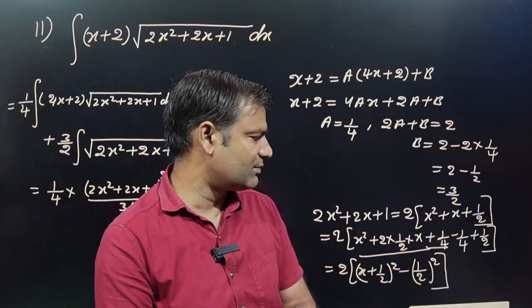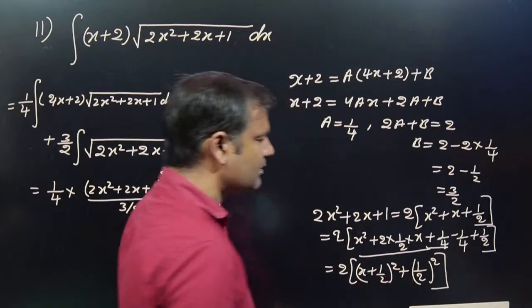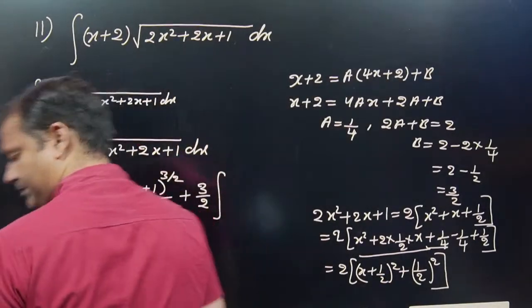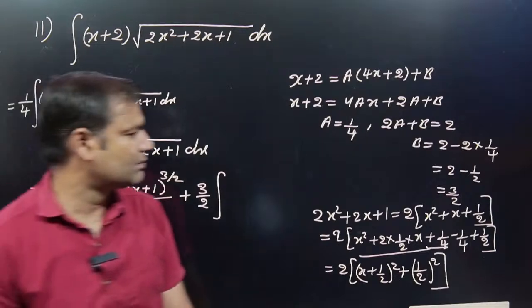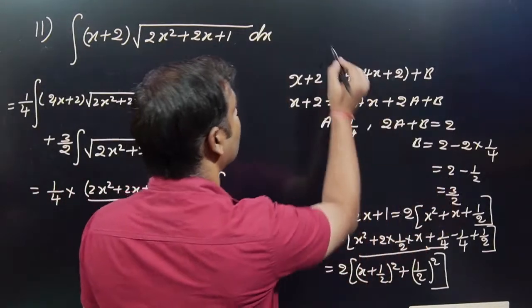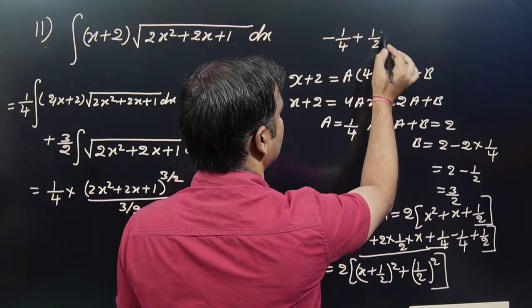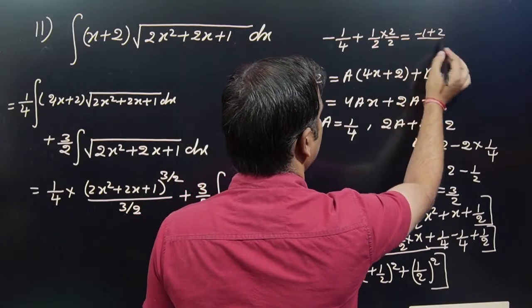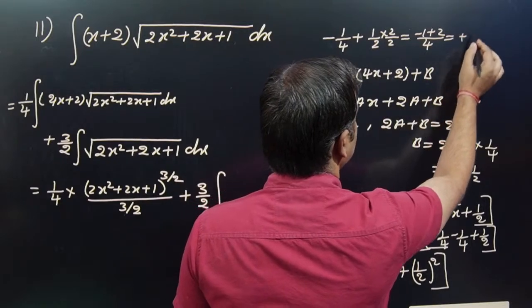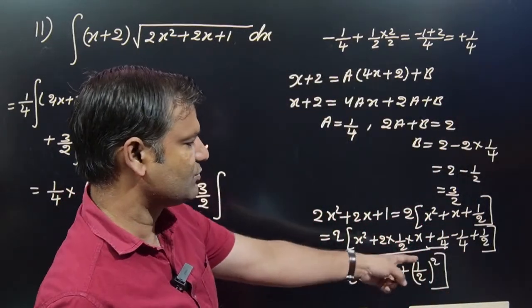Simply plus 1 by 4. Basically minus 1 by 4 plus 1 by 2, if multiply 2 and divide by 2, then minus 1 plus 2 divided by 4, so plus 1 by 4. I hope it is clear why it is written plus 1 by 2 to the whole square.